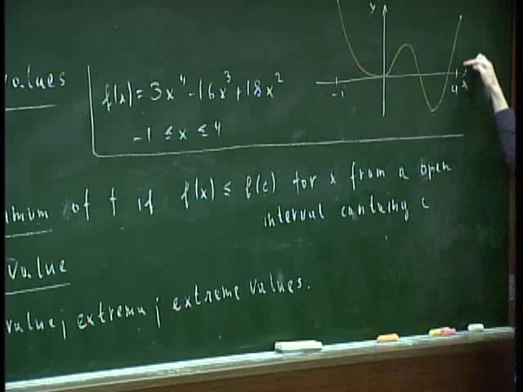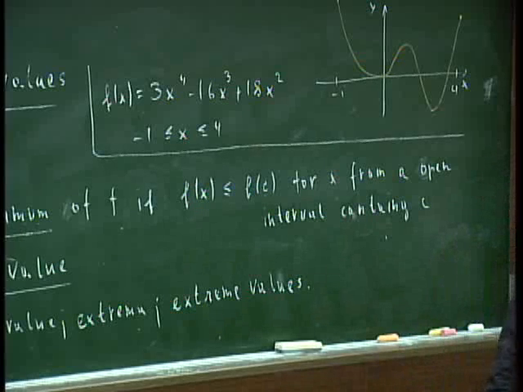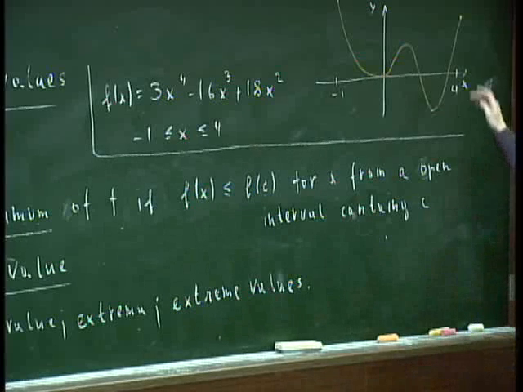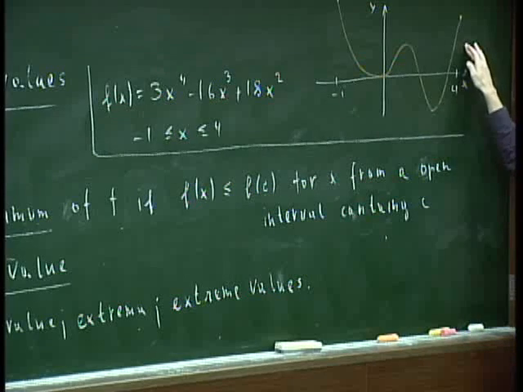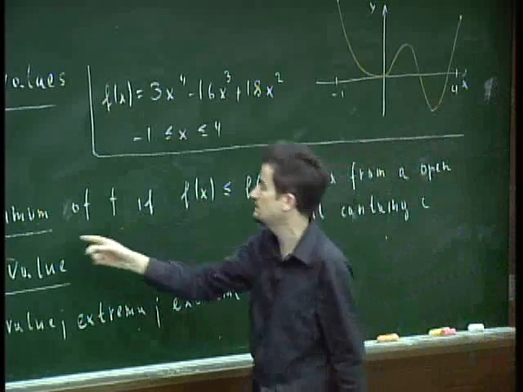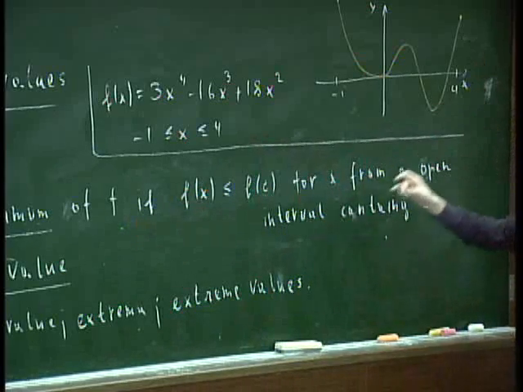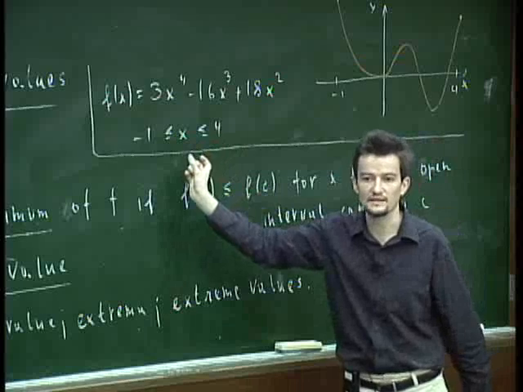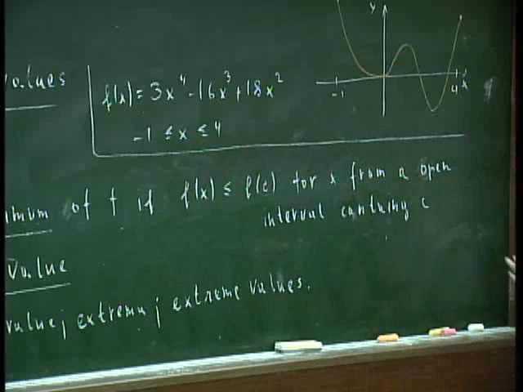Also this here is not the absolute maximum, but it's also not a local maximum. Once more, for a local maximum, what you need is an interval around the point which is completely contained in the domain. So you have to be careful here.